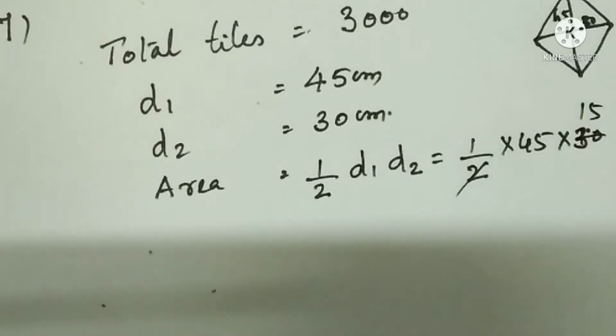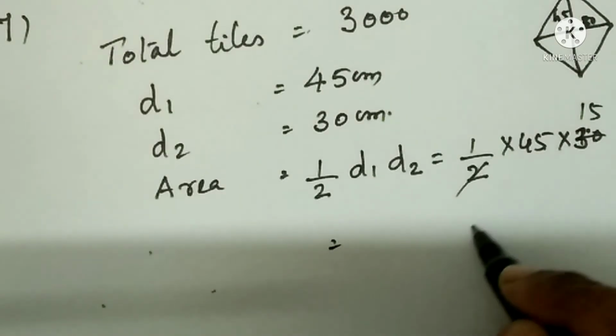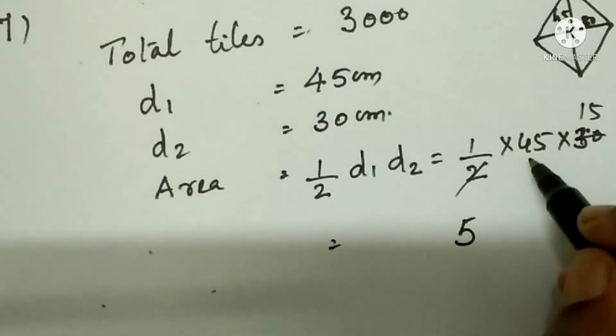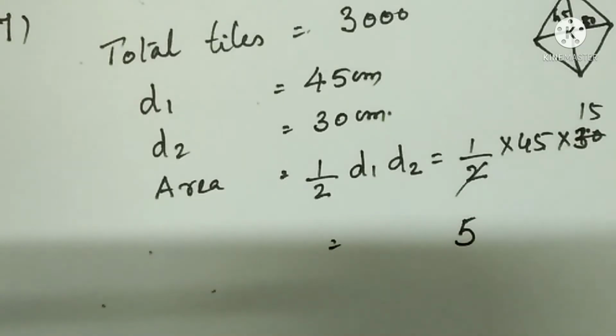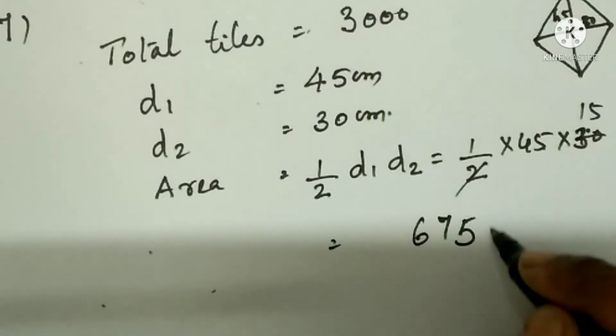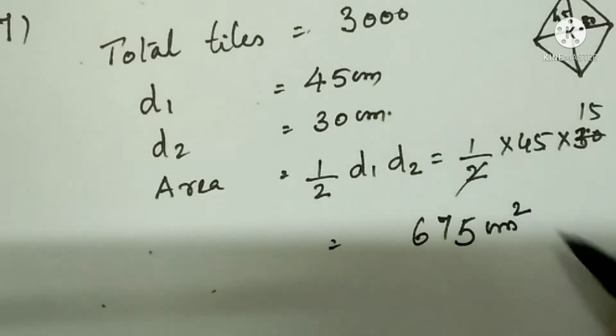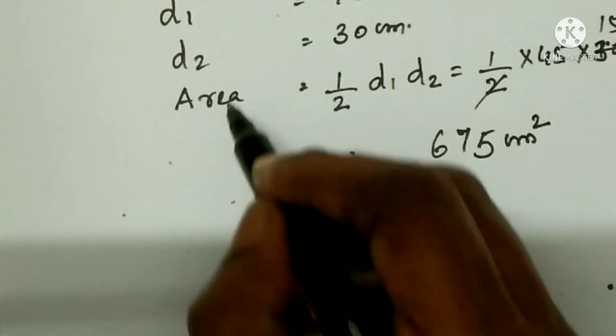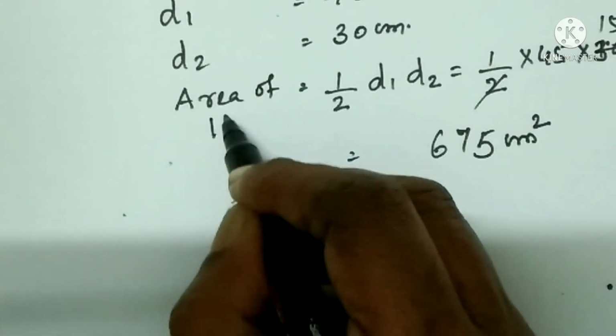So 45 into 15 we got. Now when you multiply them, 15 5s are 75. So 5 then 7. 15 4s are 60. 60 plus 7 is 67. So this is the area of one tile. Like that, how many tiles are there? This is the area of one tile.